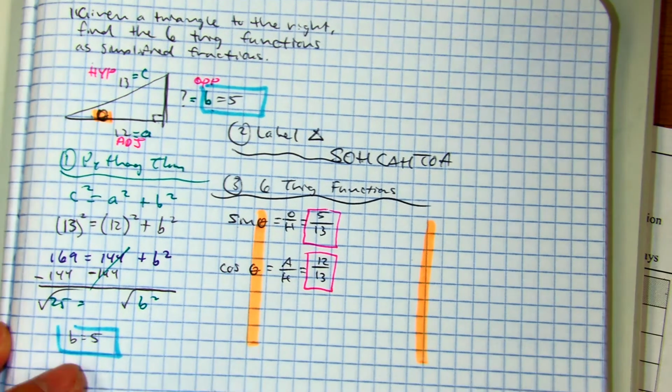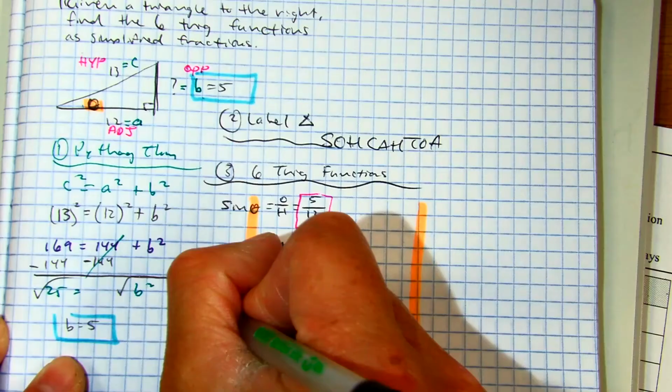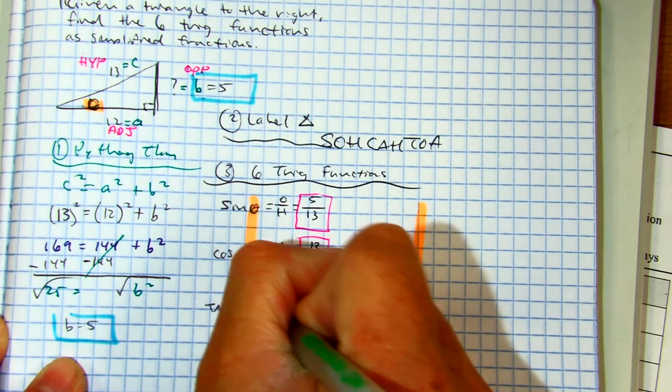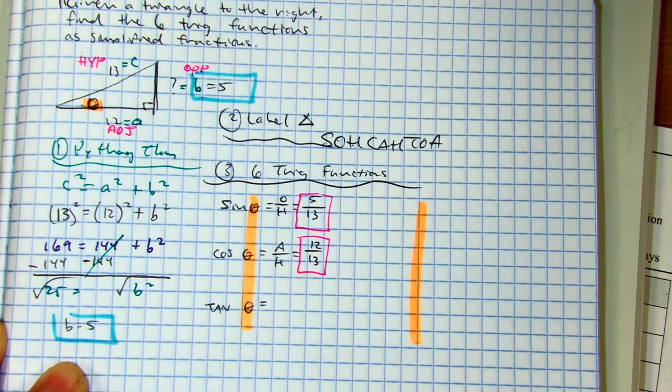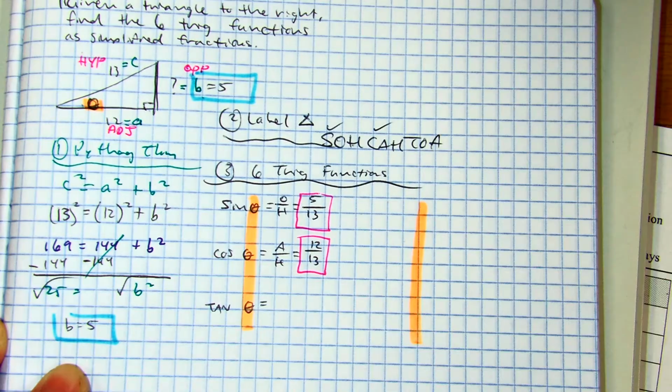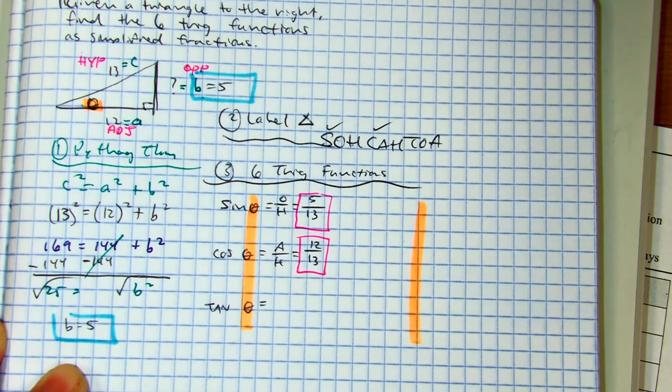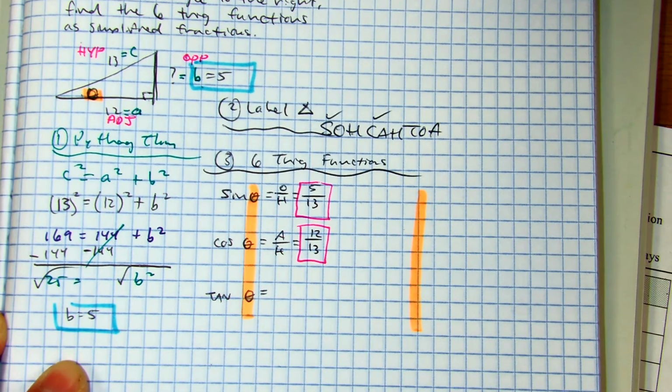How about tangent? So we just did sine, we just did cosine. Tangent, which two sides?